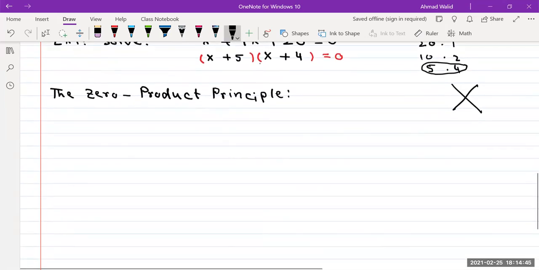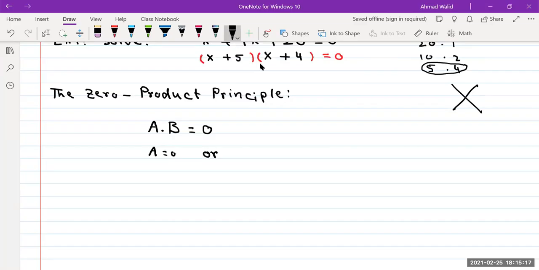It explains that if you have two numbers, for example, A, and you multiply this number with B, and the resulting product, the answer, is zero. When you multiply two numbers and you end up with zero, it definitely tells you that at least one of these numbers is zero, correct? Maybe A is zero, or maybe B is zero, correct? We call this principle the zero product principle.